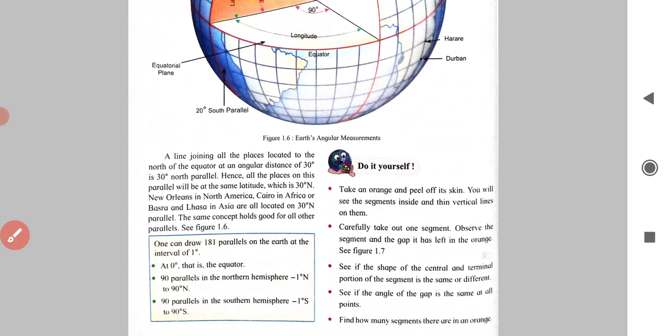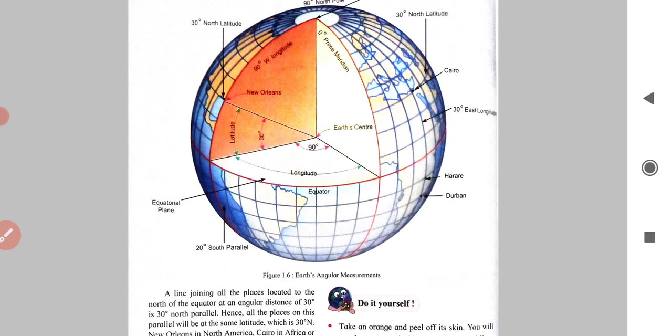Hence all the places on this parallel will be the same latitude, which is 30 degree, and New Orleans in North America, Cairo in Africa, or Basra and Lhasa in Asia are all located on 30 degree north parallel. See dear student, they have given here.